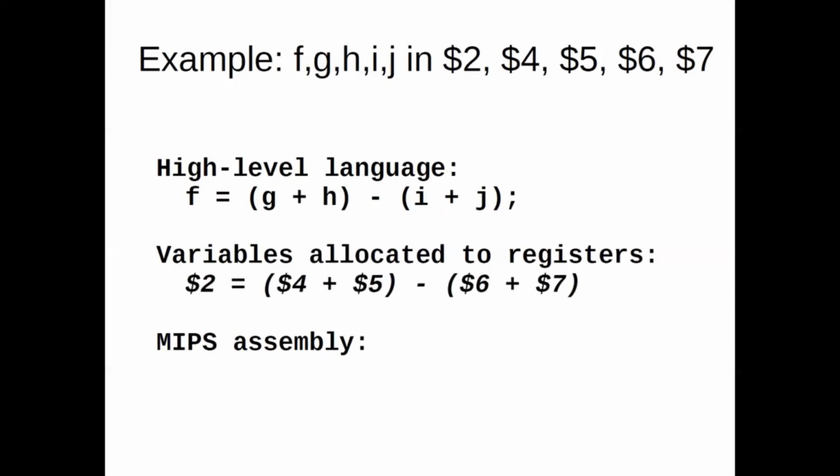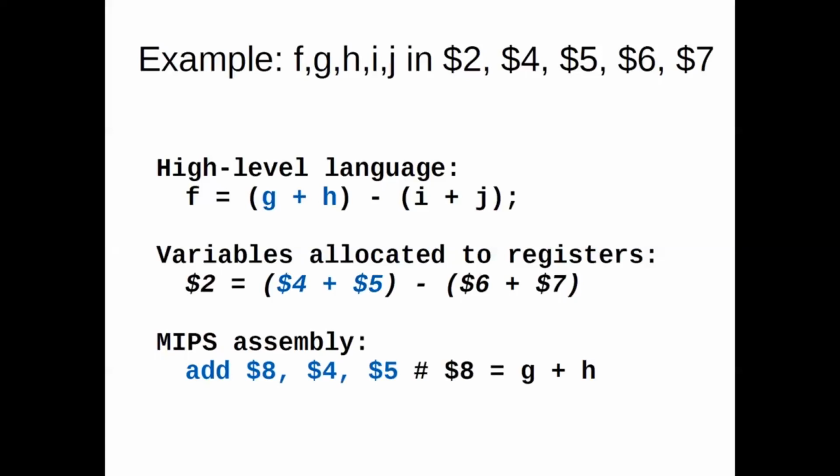So we can rewrite the complicated expression in terms of the registers that are allocated to the variables. And we'll have to honor the order of operations when we generate the assembly. So the order of operations tells us to do the expressions that are first within the parentheses and then to do the subtraction. So the first operation is to add g plus h.